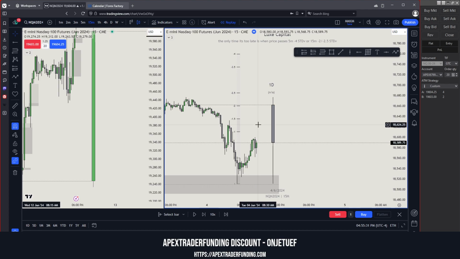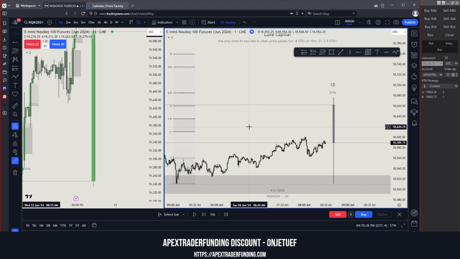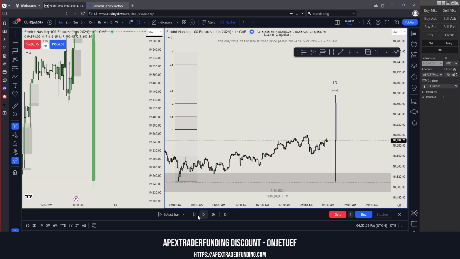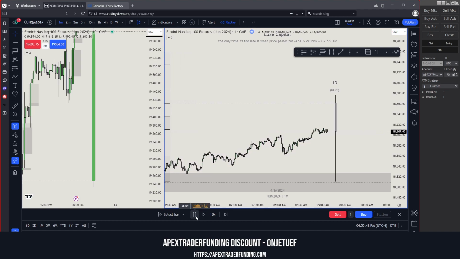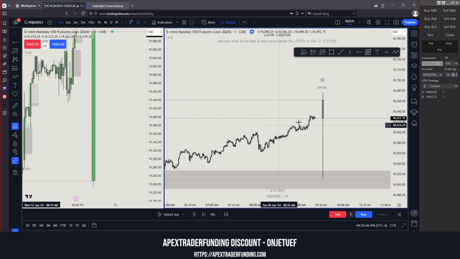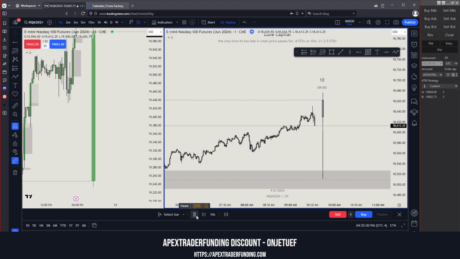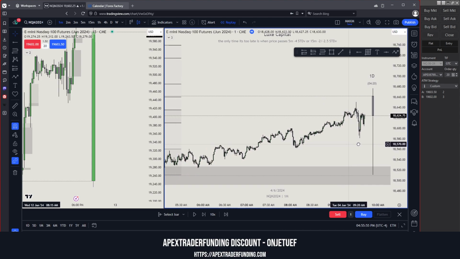Let's go down to the 1 minute. Hopefully I don't screw myself. Okay, here we go. So let's just play this out and see what happens as best we can. So we're in this zone. See if we get some kind of retracement. Yeah. Which happens to be the 9:30 open. We get a retracement.